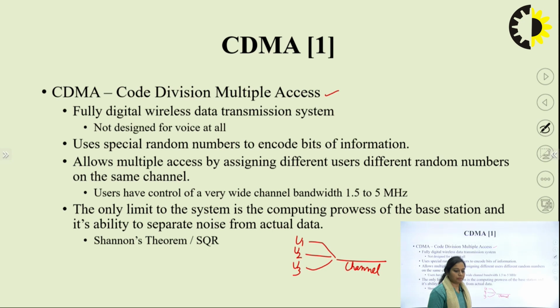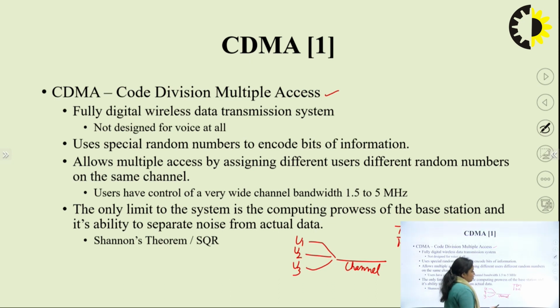Now, how is it possible? It is based either on TDM, where the available time of the transmission is divided equally among these number of users. Another one is FDM, that is frequency division multiplexing, where the whole frequency band is equally divided among n number of users.